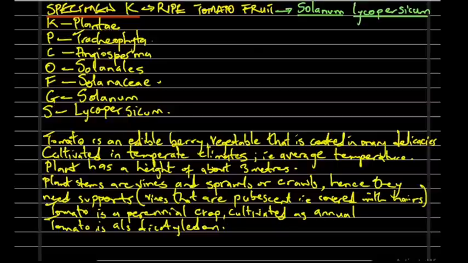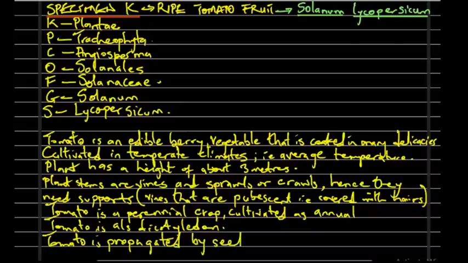Now, this particular crop or species is propagated by seed. Tomato is propagated by seed. Yes, they are propagated by seeds from mature fruit, and then they must be slightly fermented.